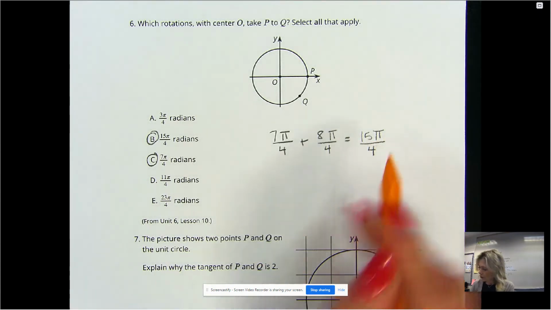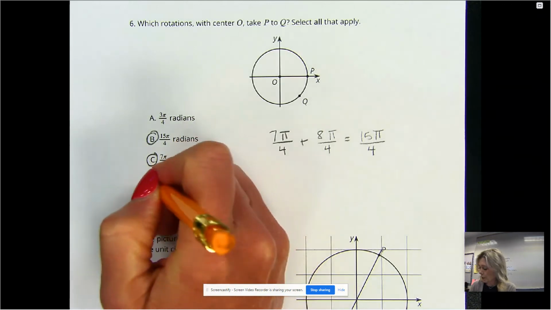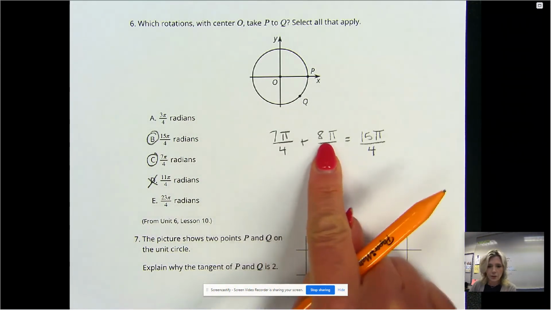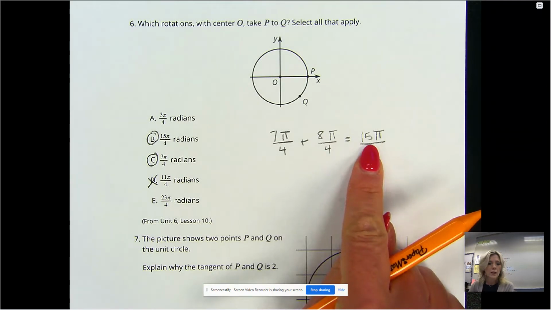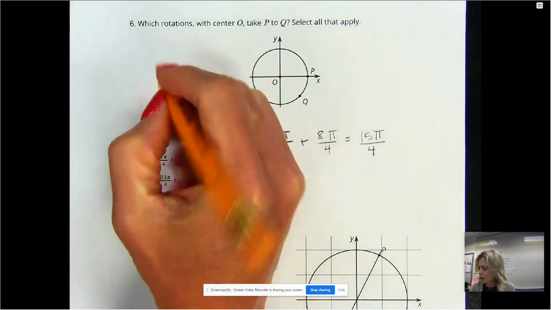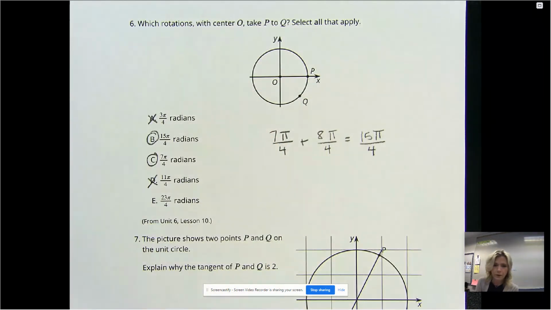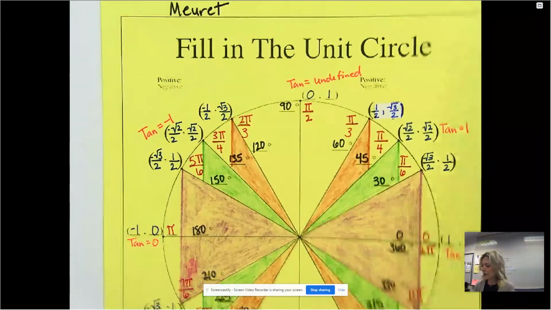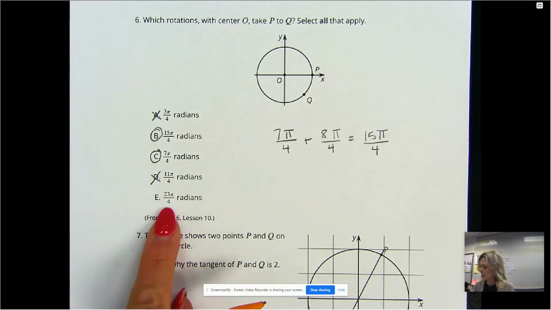From here, I know D is not a possibility because I passed it. Went from 7, added 2 pi, got to 15. And so I passed that one. Also, there's no way it's 3/4 of pi. They can't be the same place. 3/4 of pi is over here. It's not down here. Okay, so I know that. And then this is the last one I need to check.